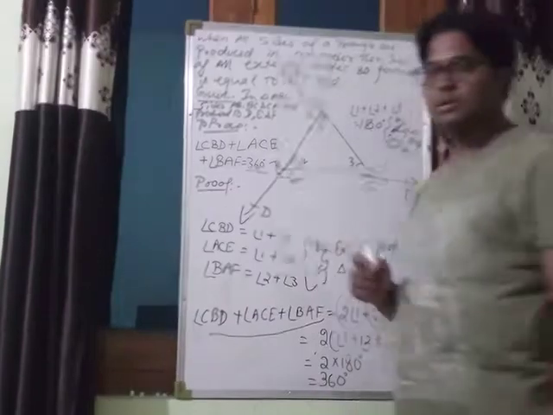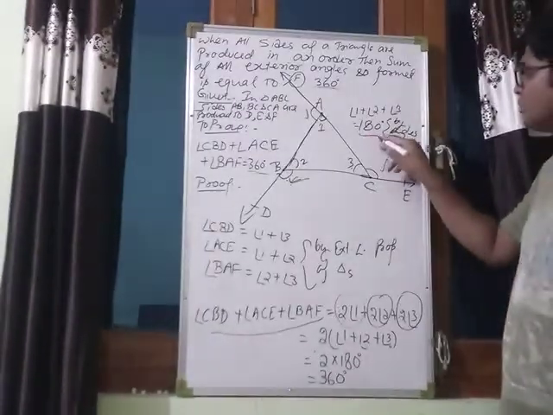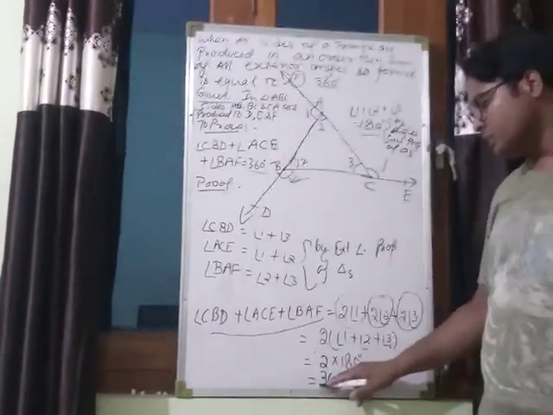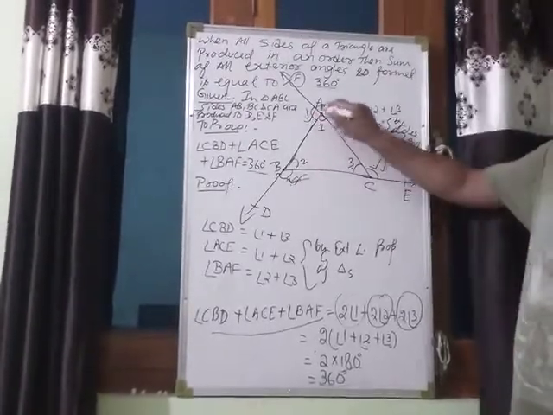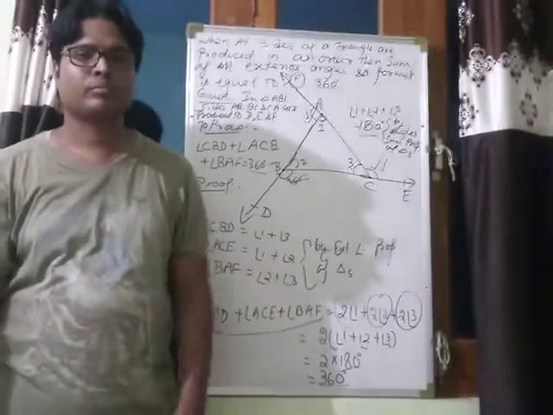Got it, everyone? So it will be replaced by 180 degrees. So 180 into 2 is 360 degrees. Clearly the sum of these three exterior angles so formed is equal to 360 degrees.